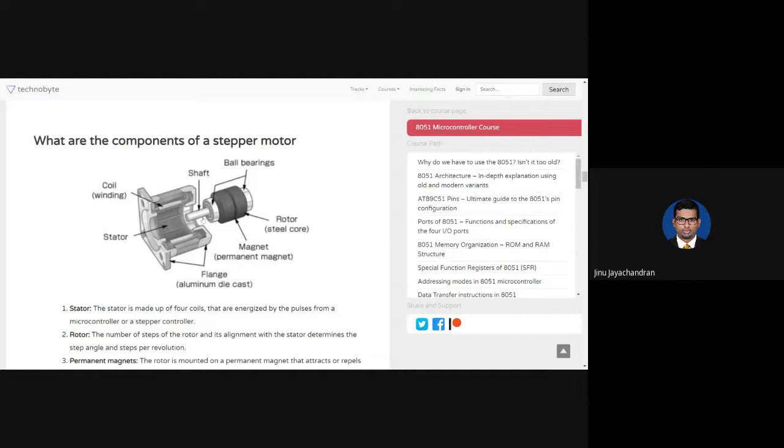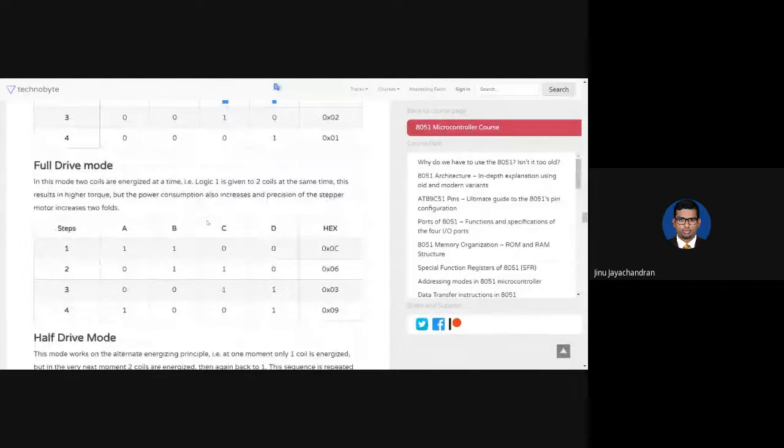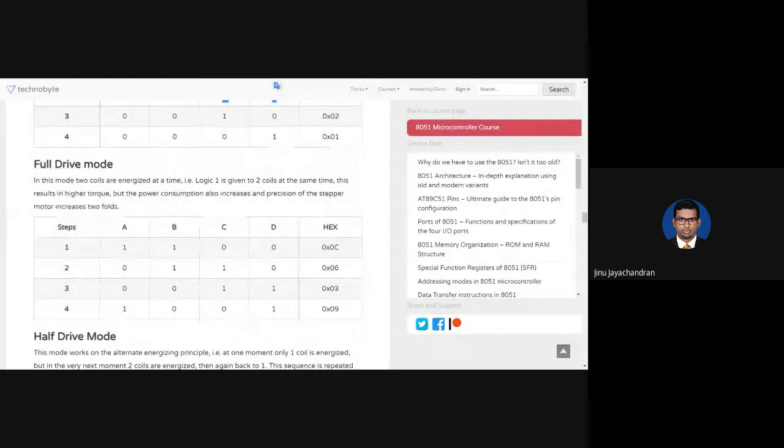Okay, so depending on your necessity, you can choose the other modes called full drive mode and half drive mode. The full drive mode will have much higher torque, but also much higher power consumption. In full drive mode, you see that 2 electromagnets are magnetized at the same time.